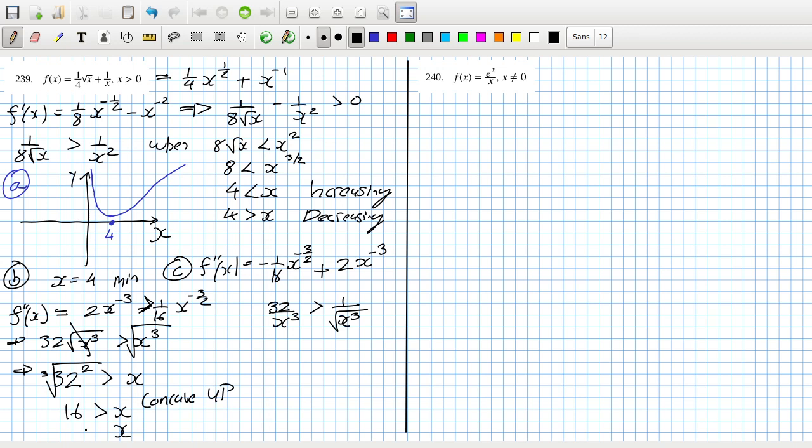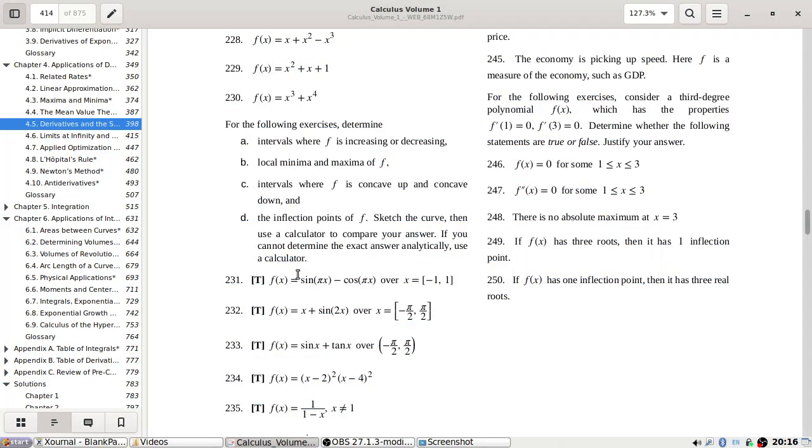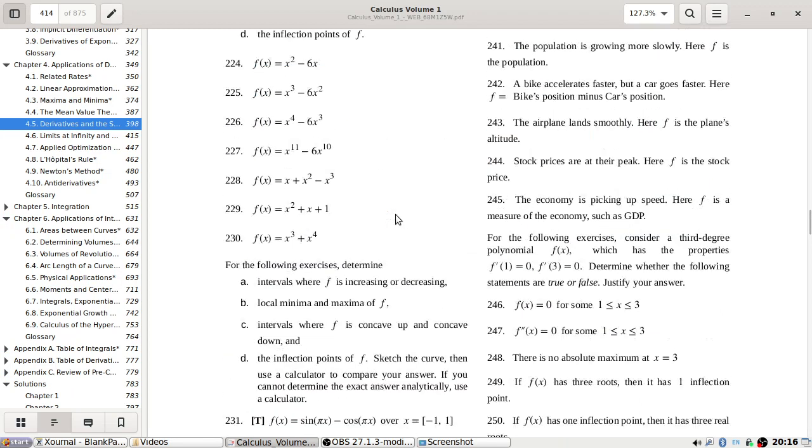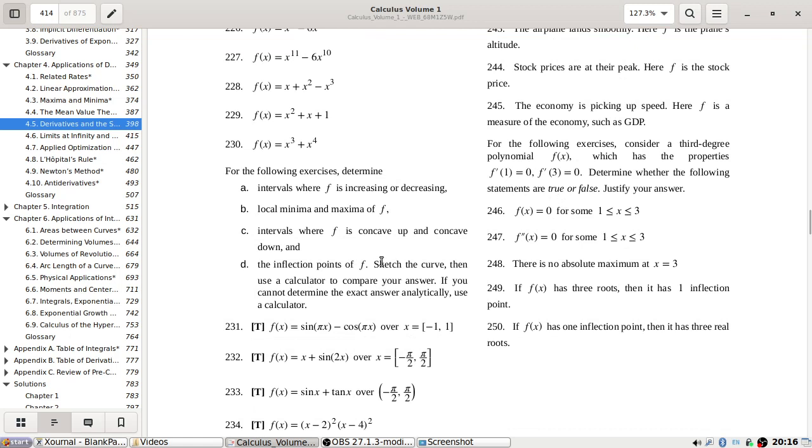And then when x is more than 16, concave down. So that switch happens at 16, where we go from concave up to concave down, and the inflection point is at x is 16. But it's not marked as a T question, so I guess not to draw it.